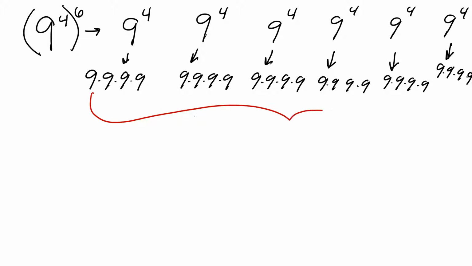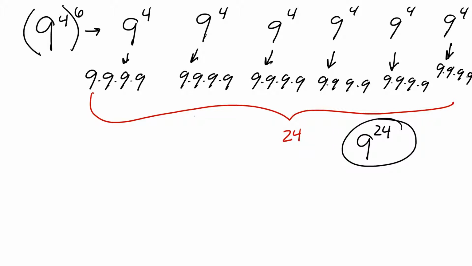We add them all together, we count them all up, and we end up with 24 9s. Keeping the base number the same, our final answer is 9 to the 24th power.